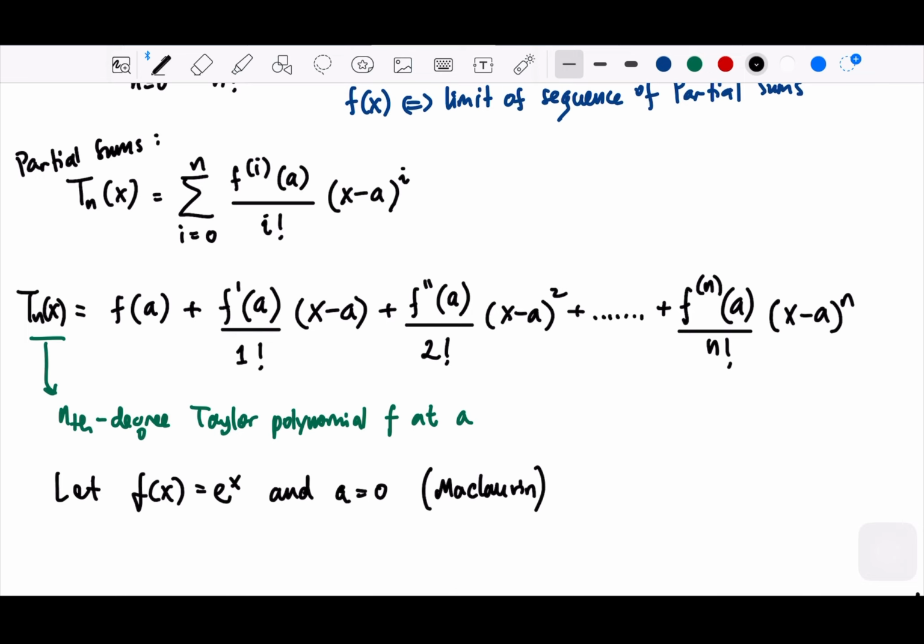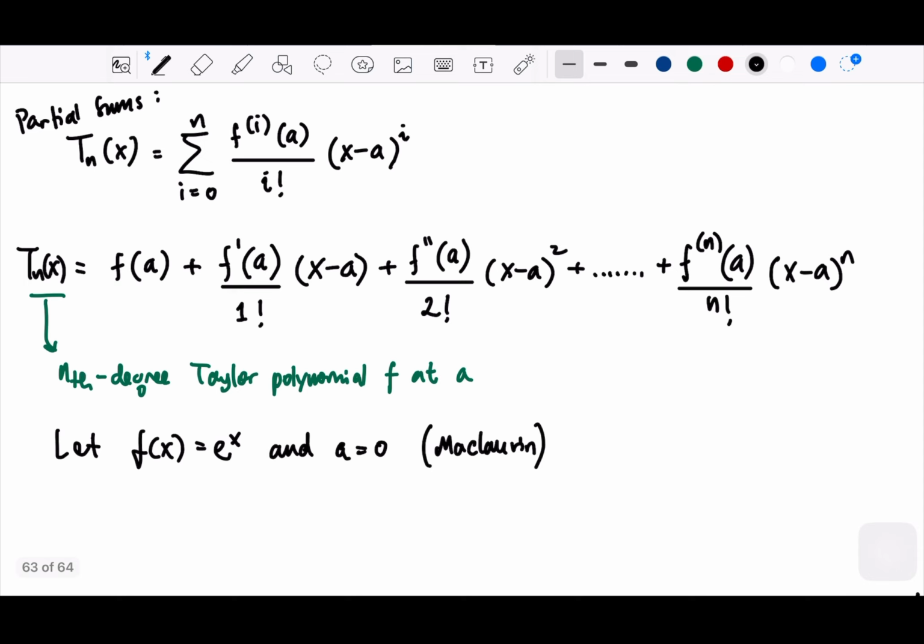So simply we say that when we have T1(x), this will be 1 plus x, right? And then when we have T2(x), this will be 1 plus x plus x squared over 2 factorial, right?